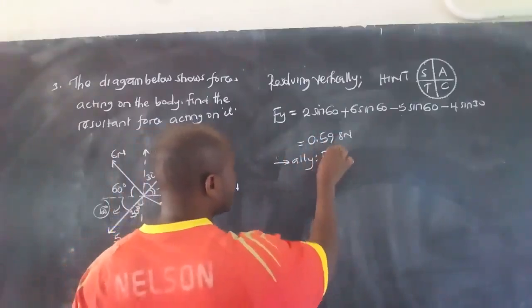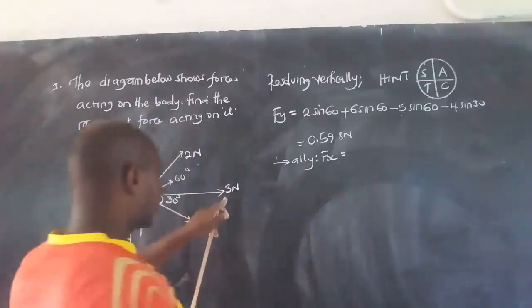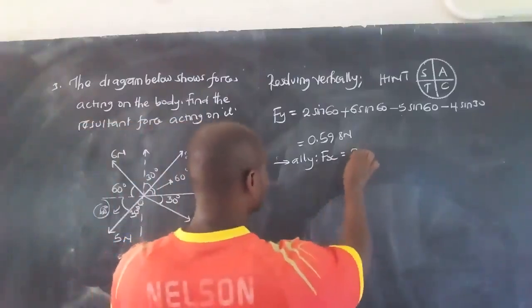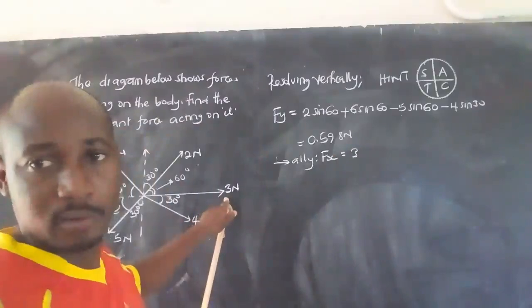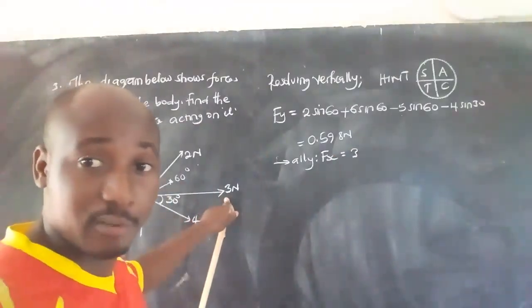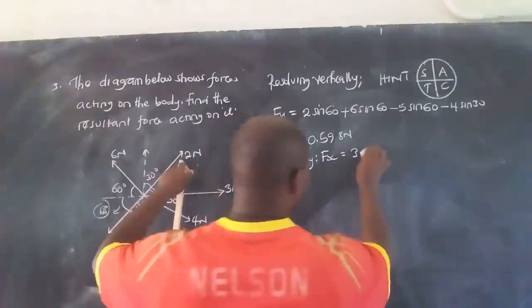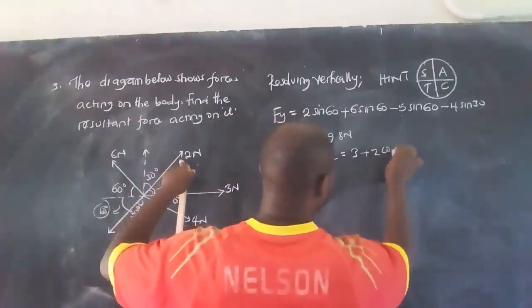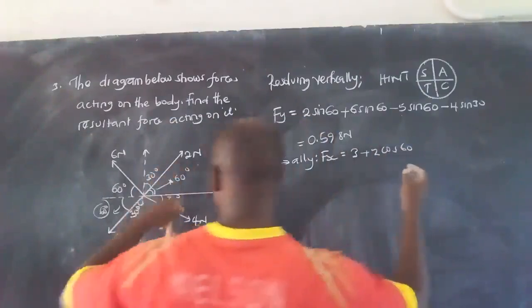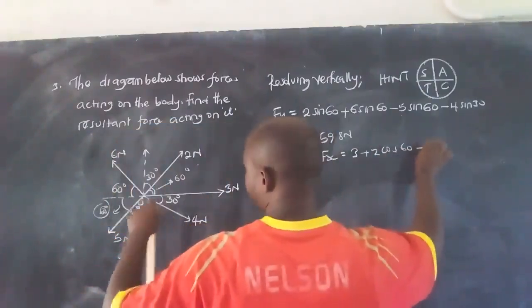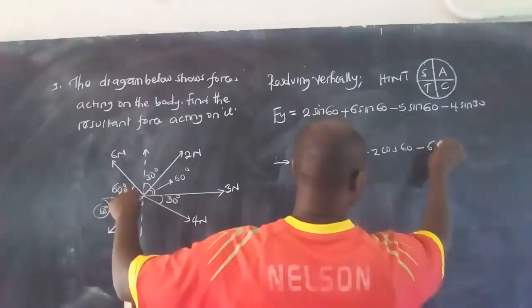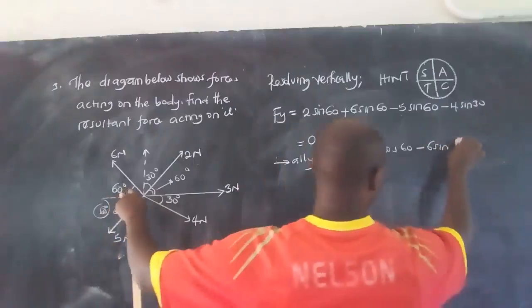Then resolving horizontally, that's Fx. 3 has a horizontal component. Because if you say 3 cos 0, it remains as 3, since cos of 0 is 1. Then this one is positive, plus 2 cos of 60. Then this is minus 6 cos of 60.